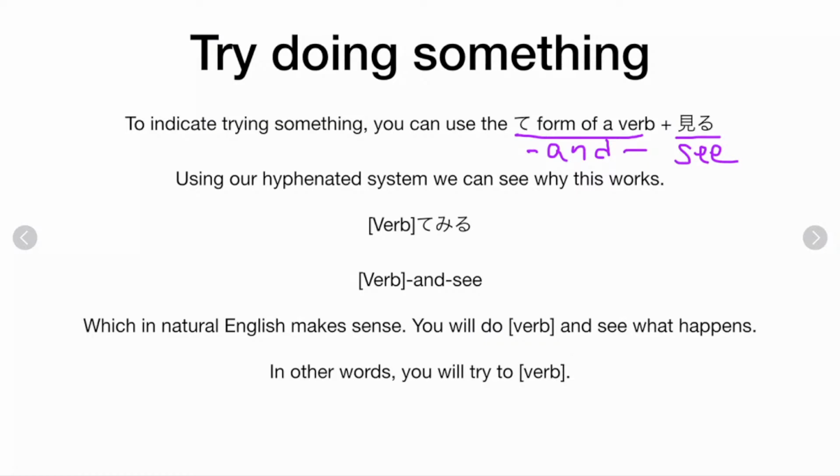So if you say verb "te miru," that's like I will do and see. In English, this is kind of what you do. It's like, well, I'll go and see what happens, for example. Or, I'll try to juggle it and see what happens. So that's how "te miru" would work.